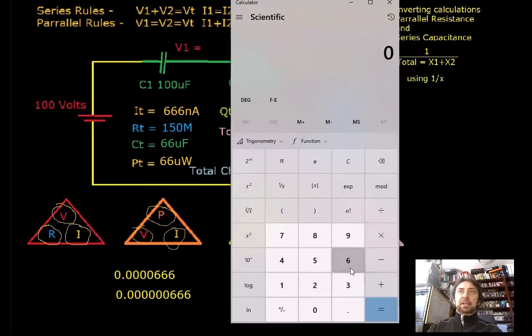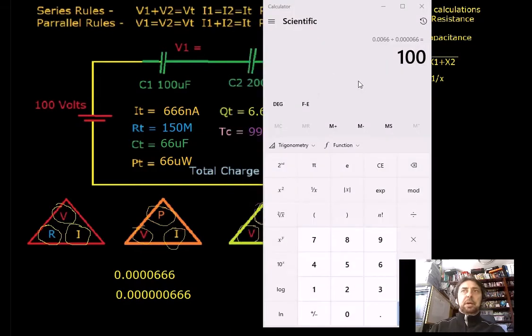Let's put that in. 6.6 exponential, it's in the milli range, so it's -3, divided by 66, and this is in the micro range, so exponential -6, and that should equal 100 volts. That equates to the total voltage.